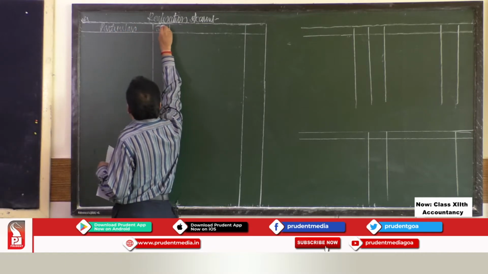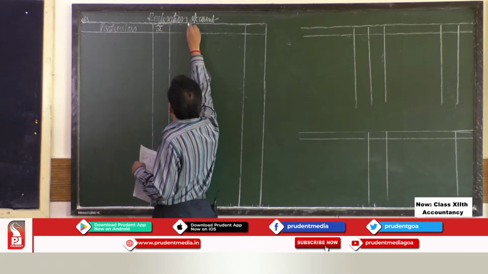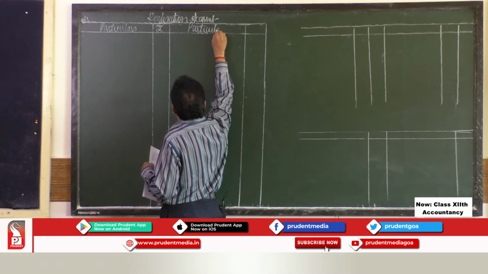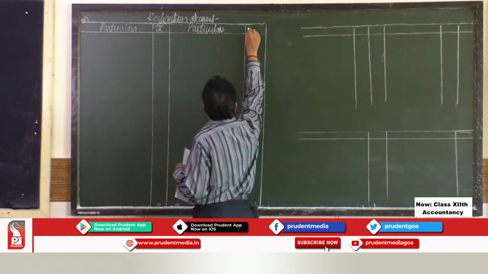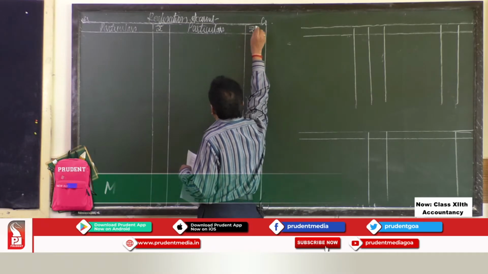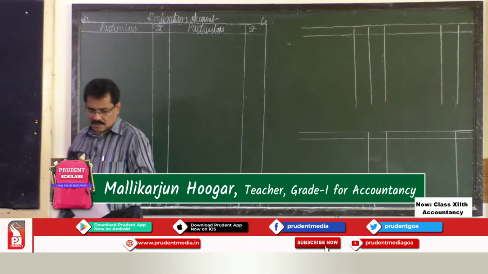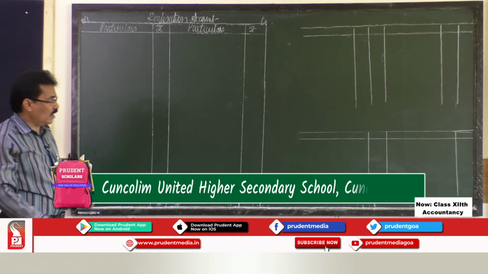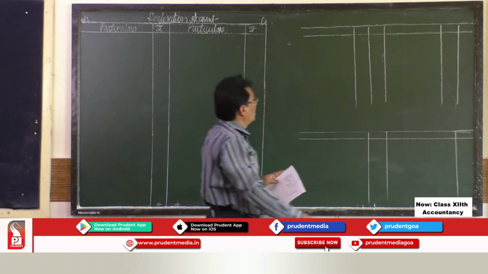On the debit side, we have particulars and amount; in the same way, the credit side also has particulars and amount. So this is the main account, the realization account, or what you call the recovery account, you have to prepare.